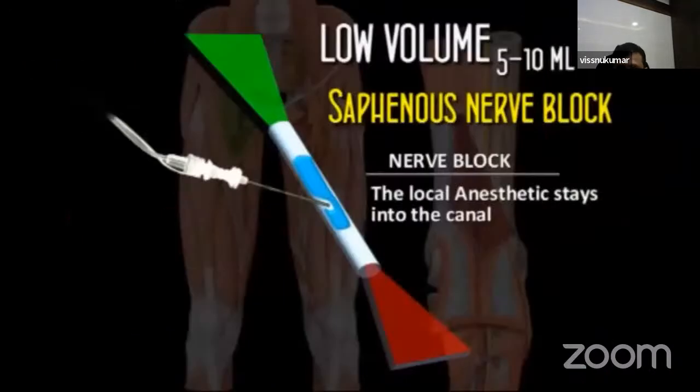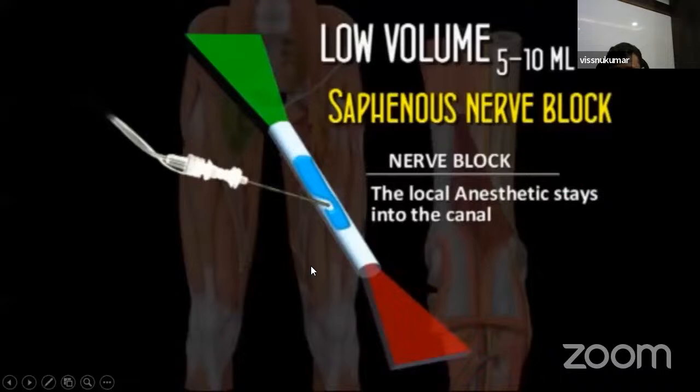Now whenever we take up a needle and are going to give a low volume, let us suppose 10 ml in the adductor canal, the local anesthetic will stay in the canal. I told you about 2 nerves, especially the saphenous nerve and the nerve to vastus medialis.